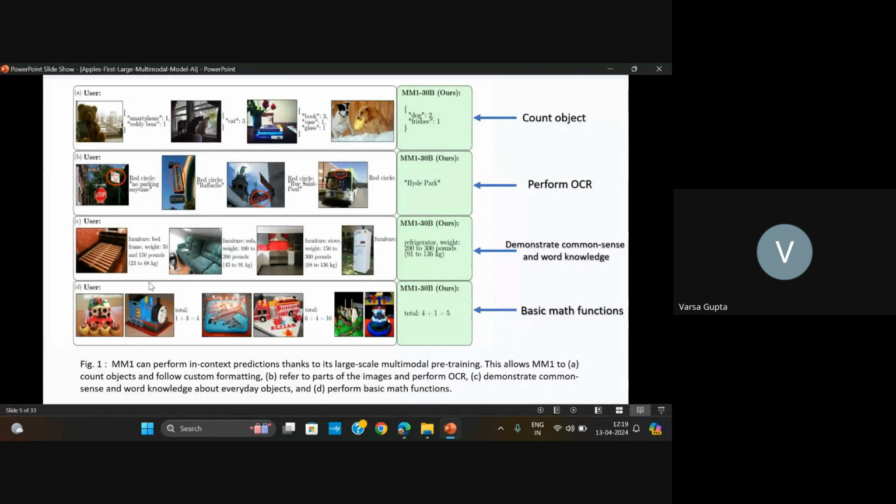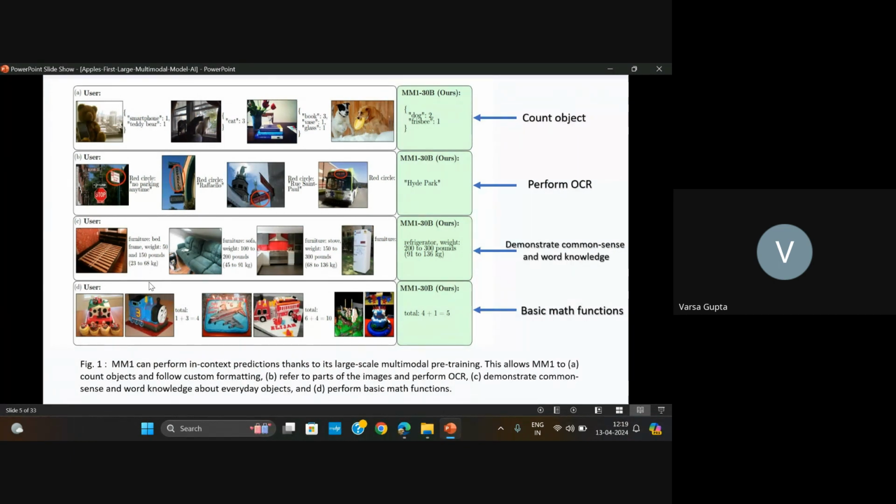The model gives the response: furniture, bed, and the frame weight is 50 to 150 pounds, an approximate weight of 23 to 68 kg. I mean, this bed can be approximately 23 to 68 kg. It's able to determine the weight also.